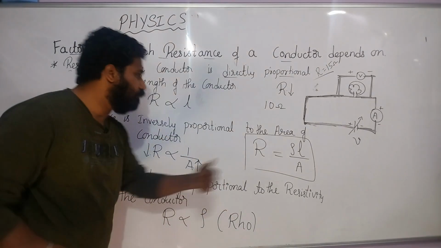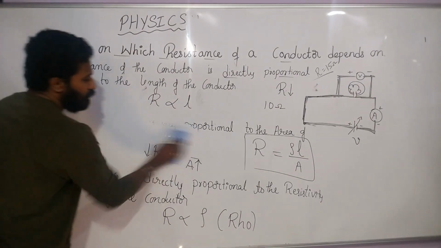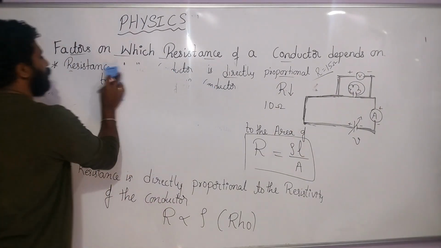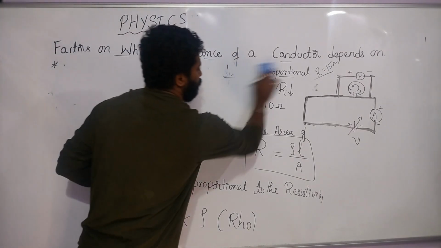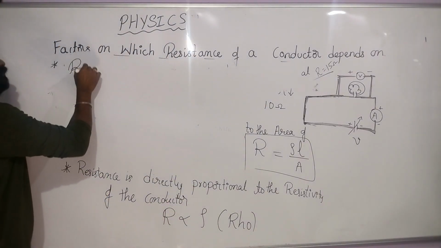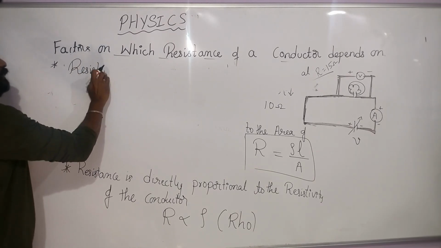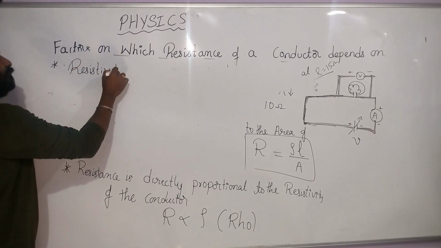Now let's come to the resistivity of the conductor. What is resistivity? I have told you that resistance is directly proportional to the resistivity of the conductor.